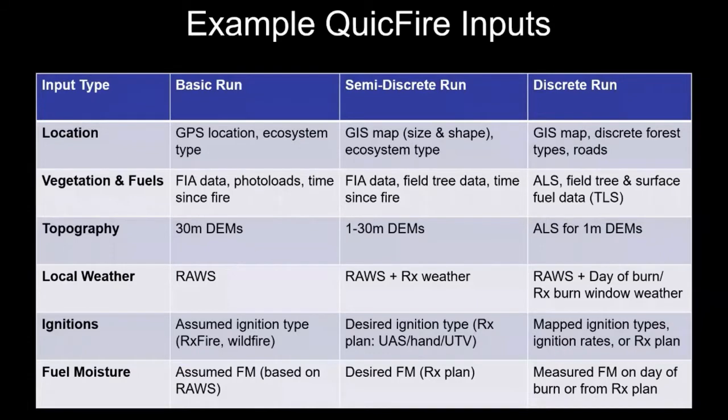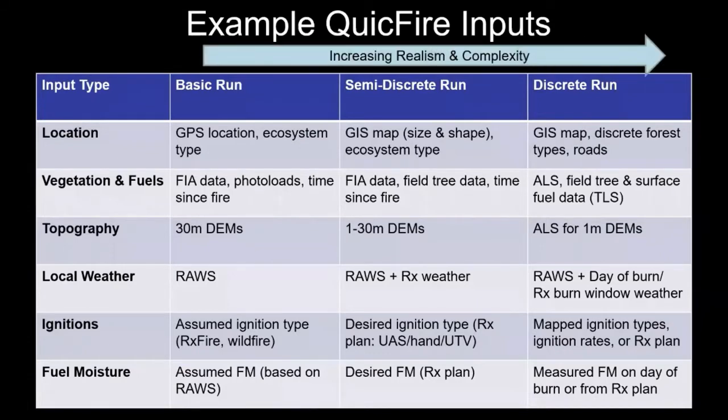Okay, so there's a lot going on this table here, but I really just want to describe that we can see that we can put all kinds of different scales of information into the QuickFire model, whether it be a basic run all the way to a very discrete run. So we wanted something that was very realistic. And so of course, with realism comes complexity.